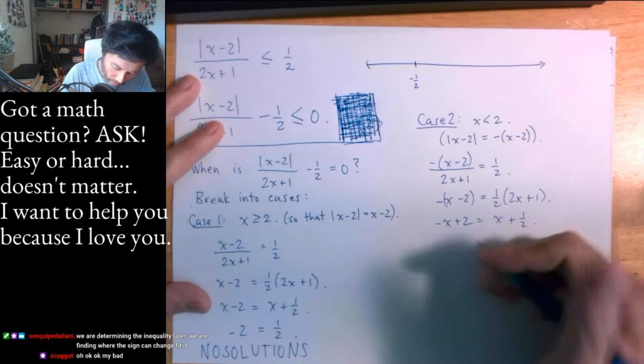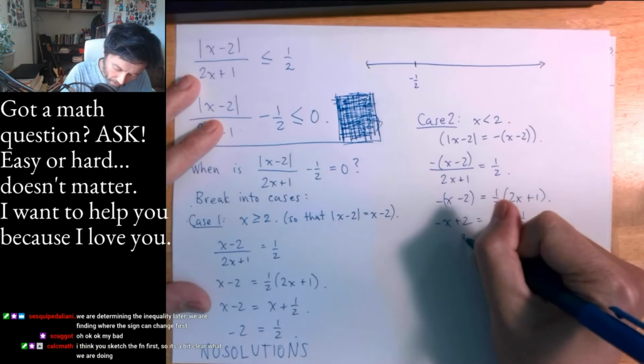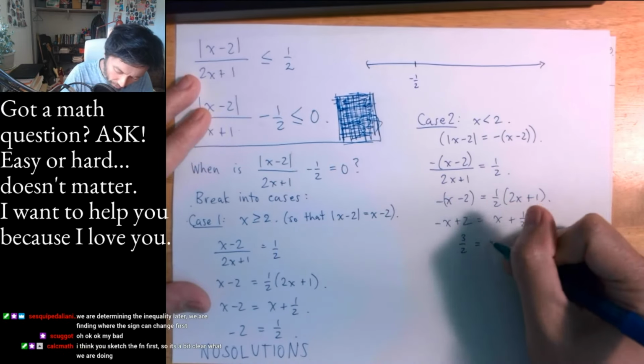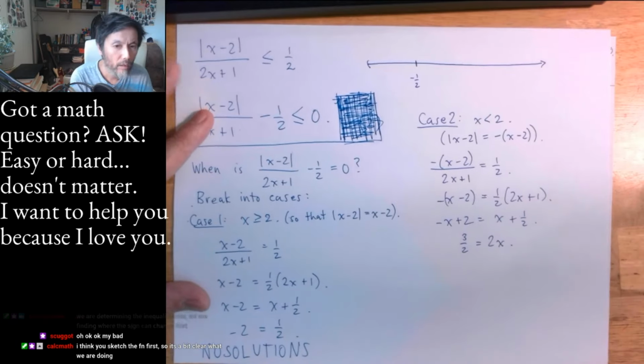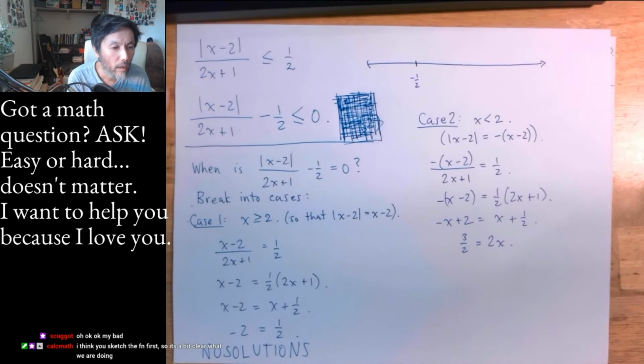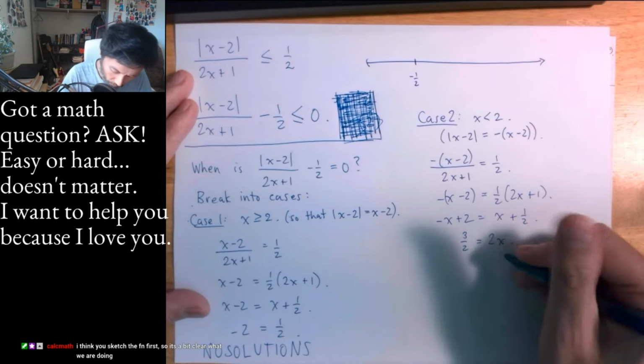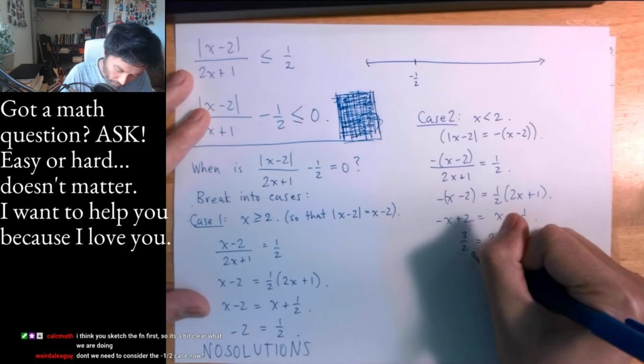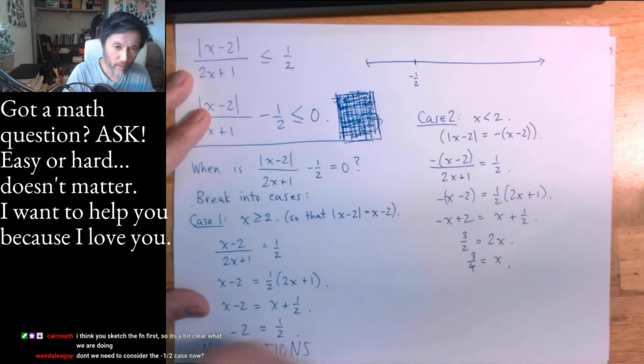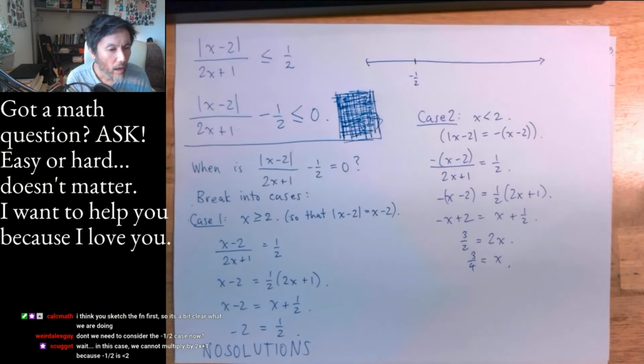We add x to both sides. We subtract 1/2. Tell me if I'm going too fast. And then we divide both sides by 2. Did I do my math correctly? No idea.